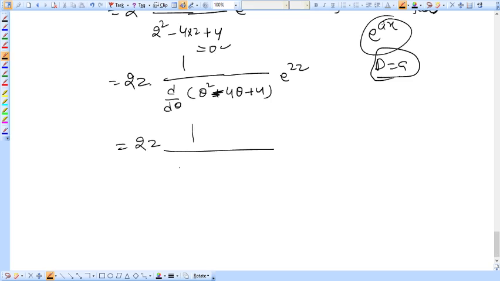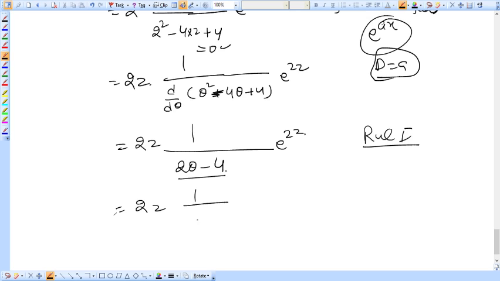So here you will have 2 theta minus 4, e to the 2z again. Again by rule 1 we replace theta by 2, and we get 1 over 0 again.